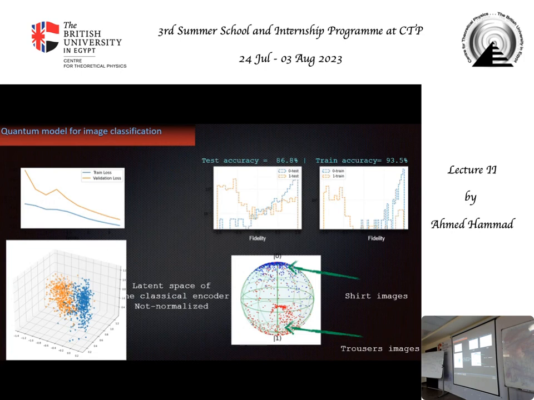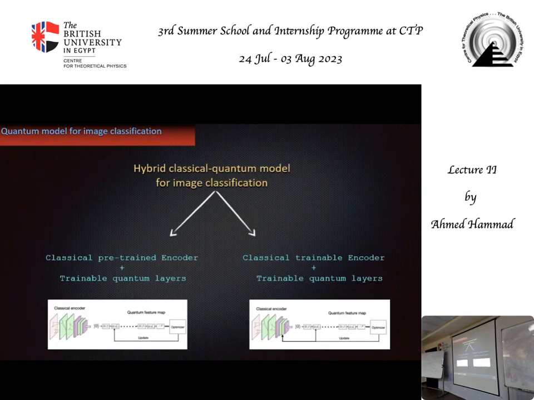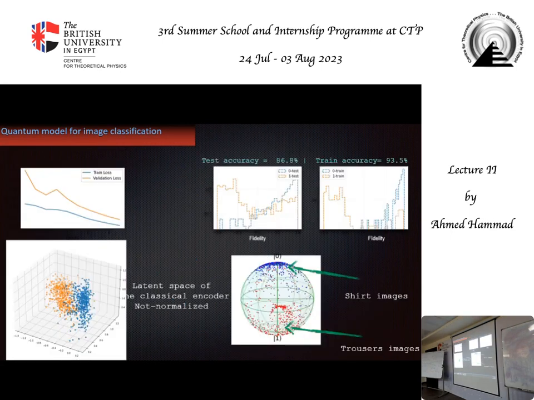That means that all the t-shirt or shirt images have been gathered toward the state 1, and the other images, for the trousers, have been accumulated at the state 0. And this is the distribution here in the classical linear space, and this is how it looks.